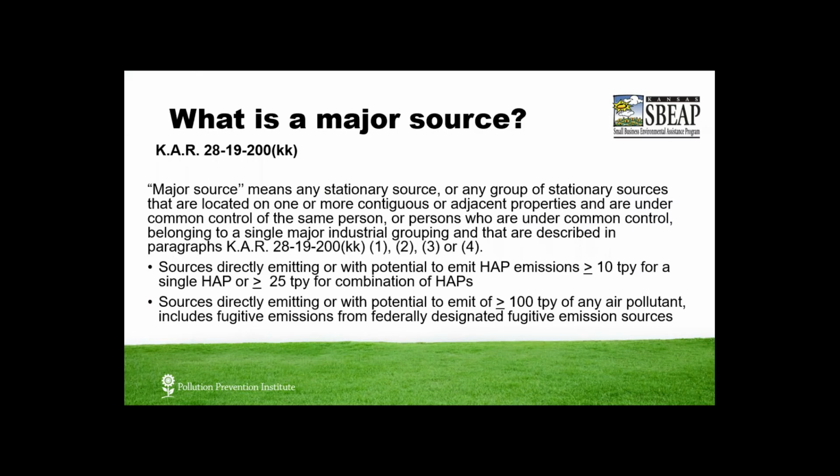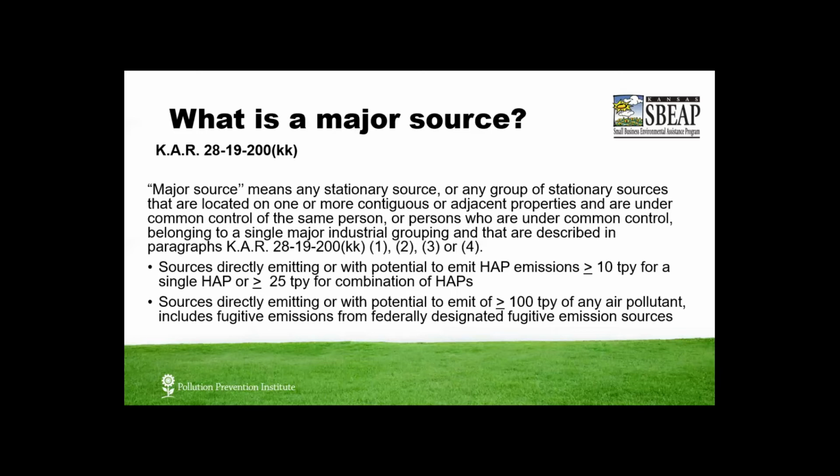The key to understanding if your facility will need an operating permit is understanding the definition of major source of air pollution. Major source means any stationary source or group of stationary sources that are located on one or more contiguous or adjacent properties and are under common control of the same person or persons and have a single major industrial grouping.